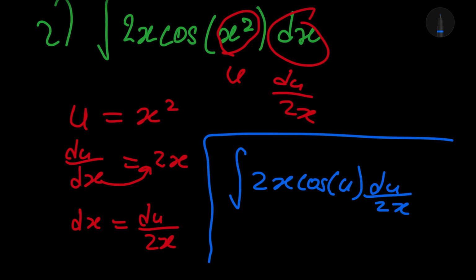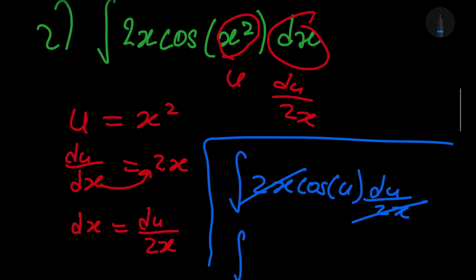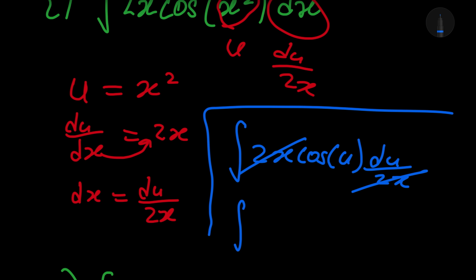But as you can see, I can just simplify this now, right? I got 2x here and I got 2x here, which means I can cancel and cancel, which means all I'm left with, and this is the magic of choosing the right u, it allows us to cancel the values inside the actual function. So this leaves us with cosine u du.